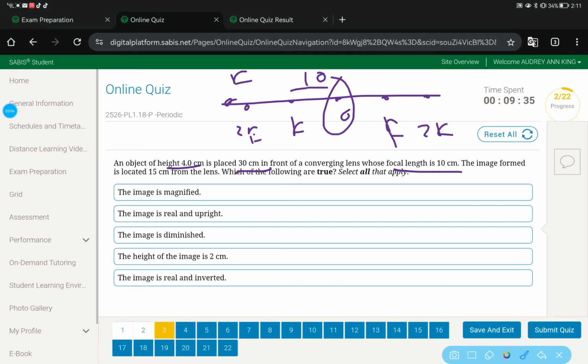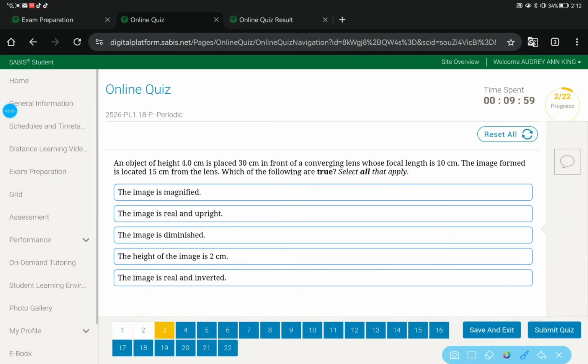Because if this is 10, of course, it's going to be significantly farther away. So if the object is there and it's 4 centimeters tall, let's say about that much, now we know how to draw it. Now we know where the object is placed, so it's going to be way easier to draw and understand. So let me just draw a better diagram.